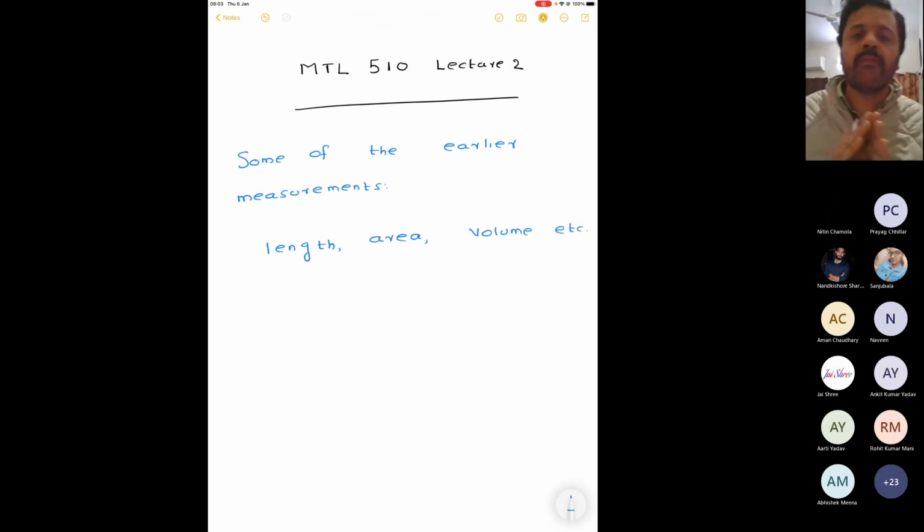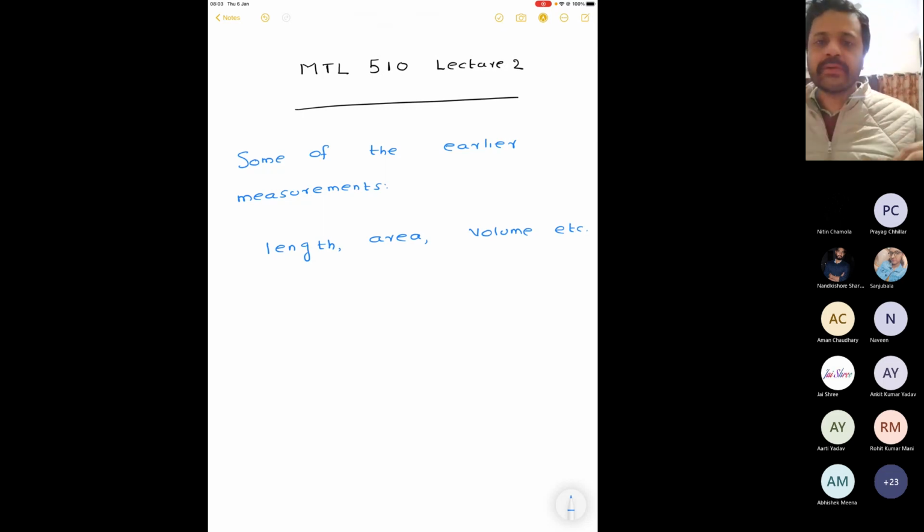If you are in R1, the real line, it is natural to attach the concept of length with its subsets. And if you are in the Cartesian plane, then with objects given in the plane, we associate area and so on. Let us look at R1.